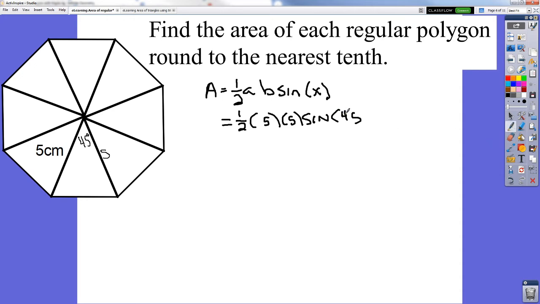The point is, now we know what one triangle is, and we know that there's 8 of them.